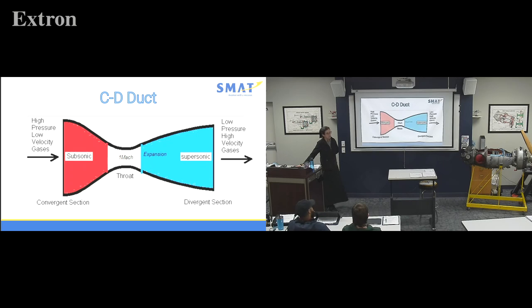Okay? So this is just getting a taste of what they call a CD duct, very common on a rocket engine, and how you can take subsonic air, push it through a different type of duct, and get supersonic, like in a rocket engine coming out. Now, I think we're going to cover high-speed aerodynamics a little bit later, but this is just a high-level overview of the CD ducts.